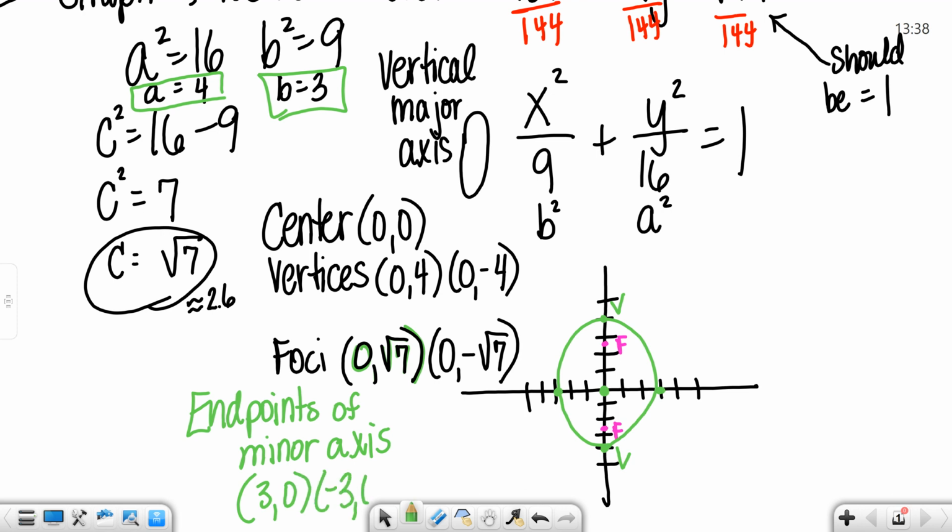You weren't asked to actually show these, but you need them to draw your graph. So it makes sense to have them written down. The endpoints of my minor axis were 3, 0 and -3, 0.